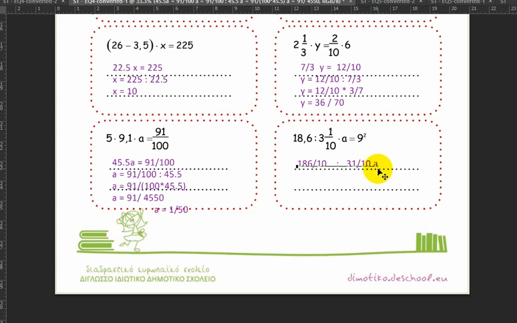Thirty-one tenths times 8, please. And this should also be in parentheses. This needs to be equal to 9 squared.